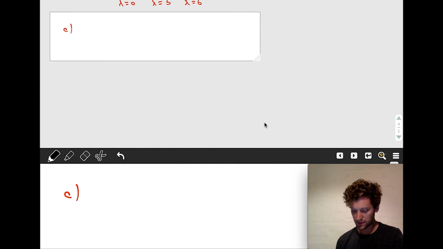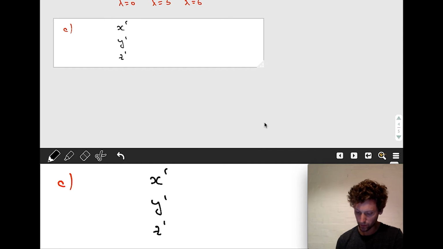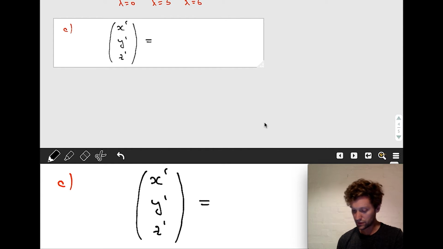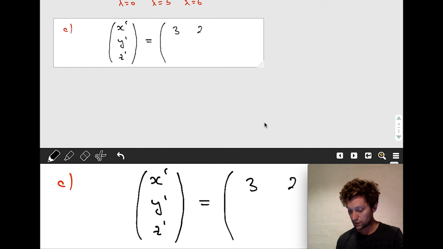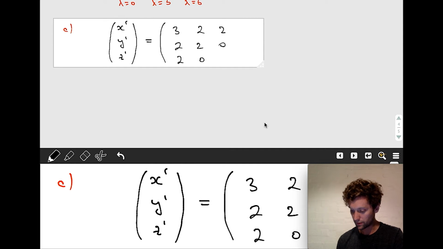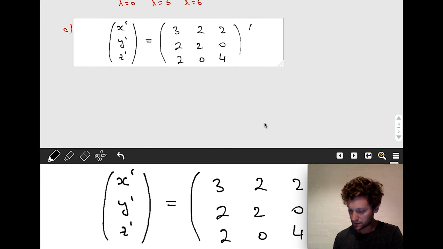So the first thing again to notice is that I can write x', y', z', and by that of course I just mean time derivatives of x, y, and z, is equal to, writing this all as a matrix, 3, 2, 2, 2, 2, 0, 2, 0, 4, times x, y, z.